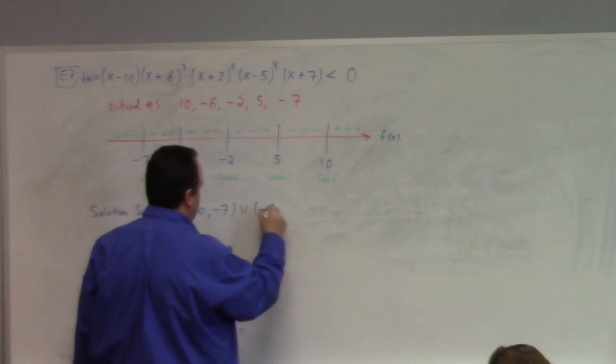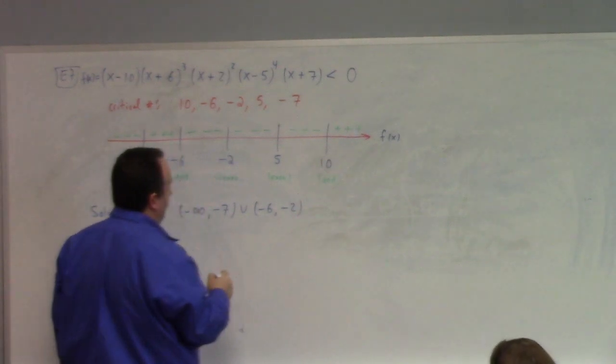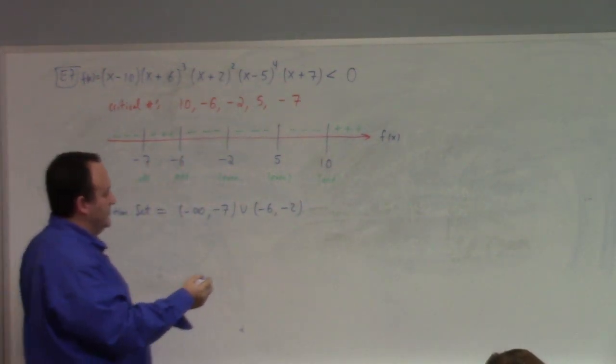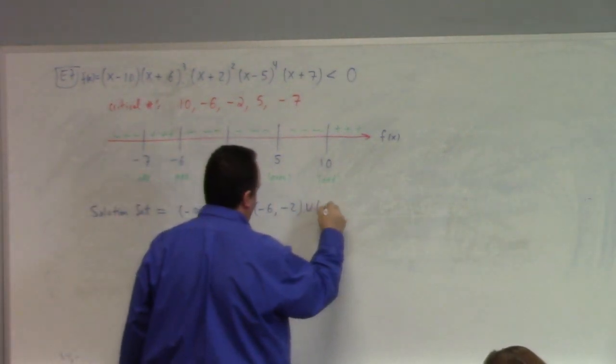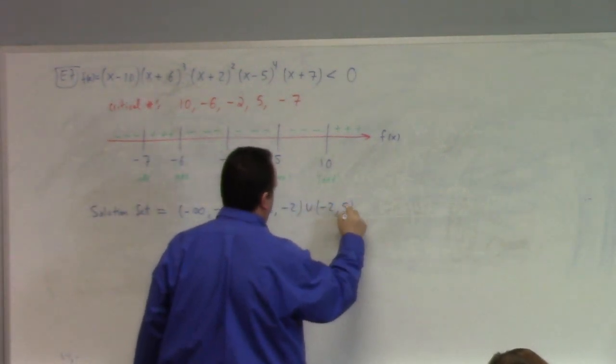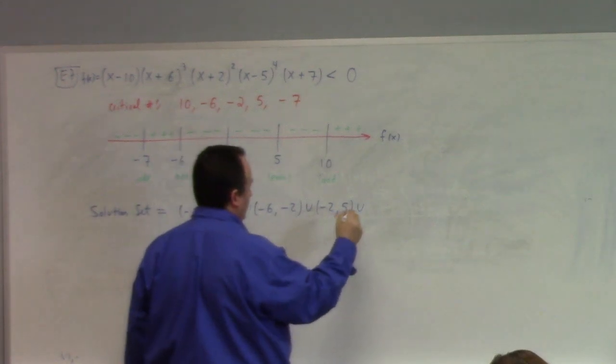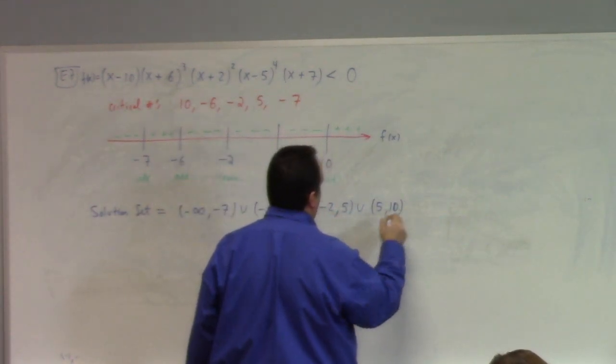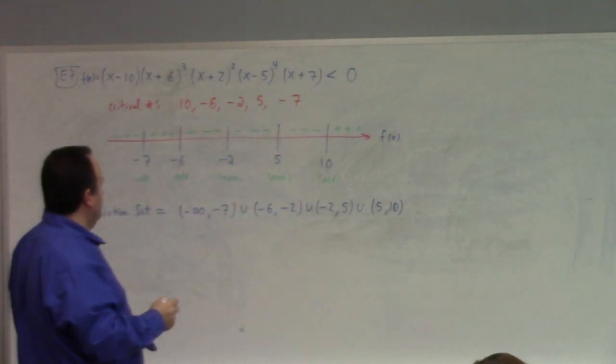Minus 6 to minus 2. Oh, and then minus 2 to 5. And then 5 to 10. And I think that's it.